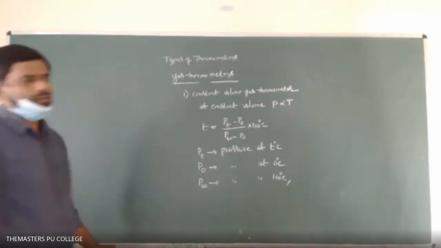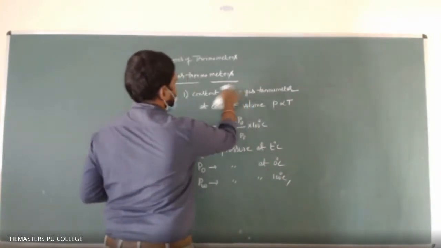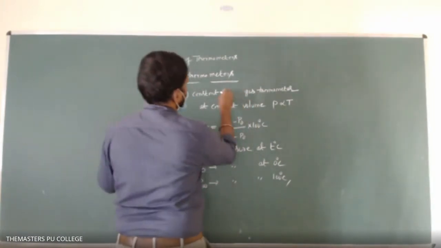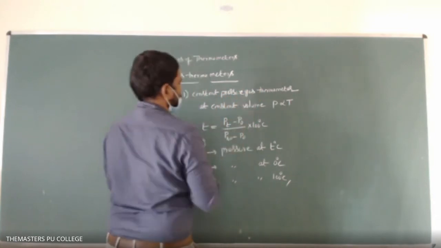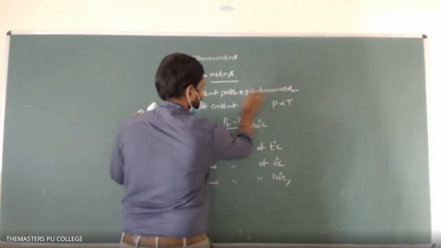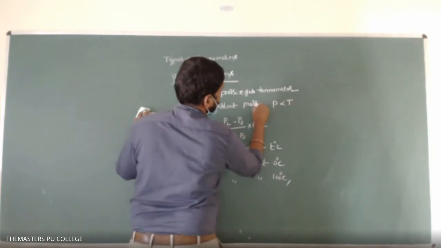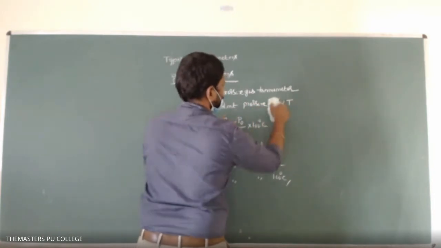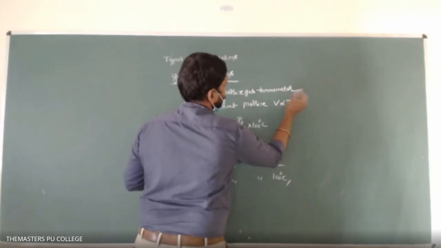Okay, so next is the constant pressure gas thermometer. It is just the reverse of the earlier one. At constant pressure, the volume of a given mass of gas is directly proportional to temperature.